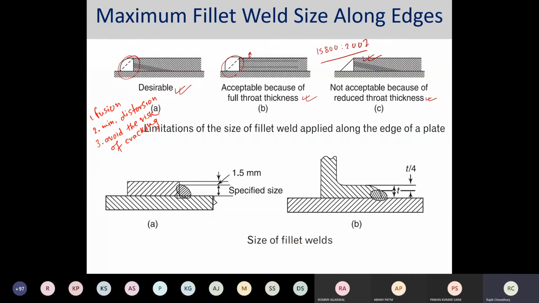Now, if there is a minimum weld size, then there must be a maximum weld size also. Before going to the maximum weld size, let us take a particular example. For example, a 300 mm long weld of 5 mm thick is case 1, and case 2 is a 150 mm long weld of 10 mm thick.